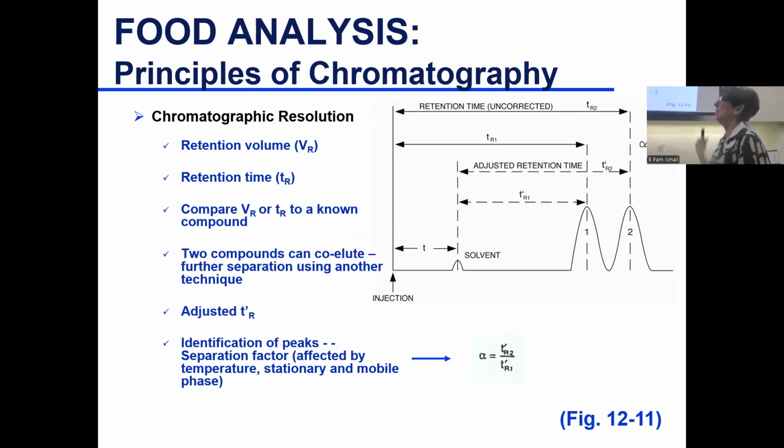We talk about the amount of time it took to get the solute out, which is retention time. And often we have a standard to compare to. Those of you that did the caffeine lab, we had a caffeine standard. Those of you that did the GC lab, we had a fatty acid standard, so we can look at the retention time of our standards to identify the components. Now, is that easy? Because there are components that leave the column at the same time.